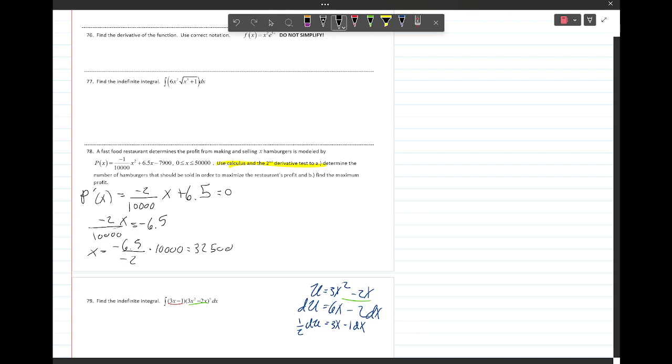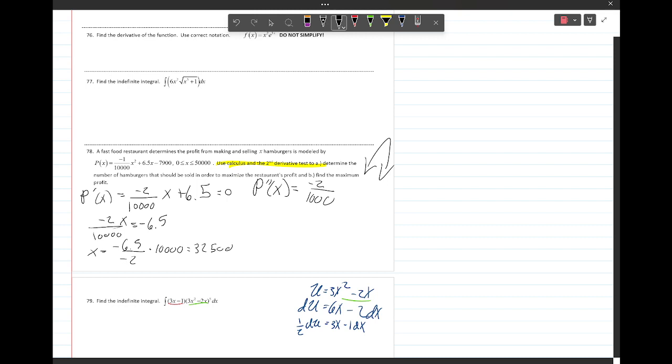Then analyze this to make sure it is in fact a relative extremum. That is just saying plug into the second derivative test, or plug into the second derivative. The second derivative is negative, and we want to maximize profit.